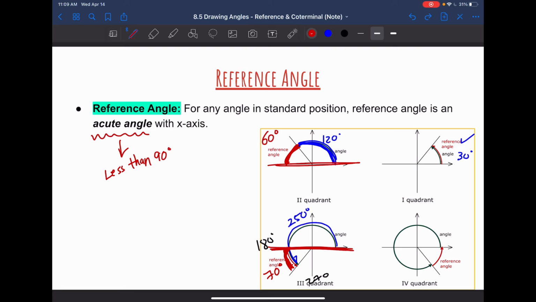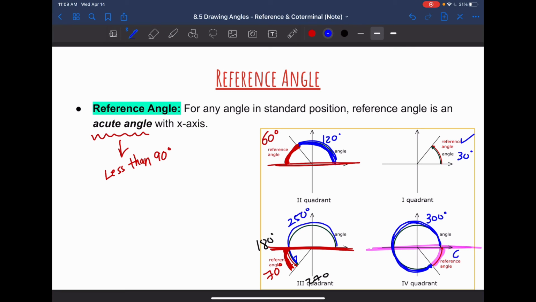And then the fourth quadrant is the last one. Let's just assume this is like 300 degree, okay? You guys have 300 degree right here. And for the reference angle, see this is your x-axis, right? So this part is supposed to be the reference angle because it's smaller than 90 degree. How do you find it? This one is pretty easy.